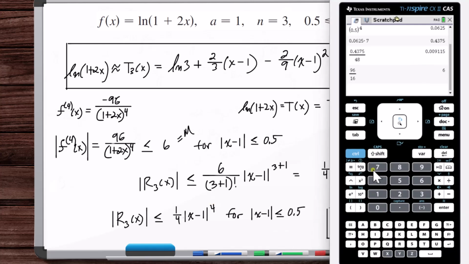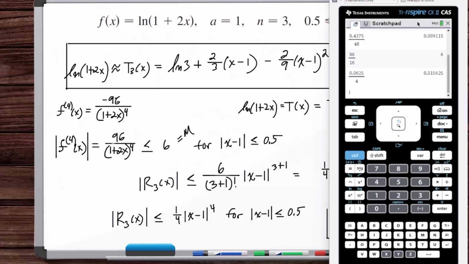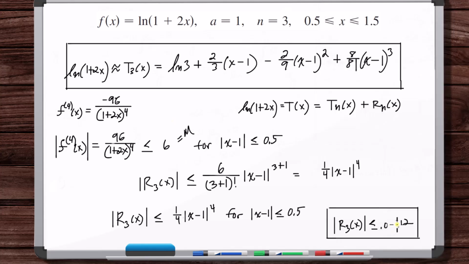Okay, now 0.5 to the 4th is this, and then divided by 4, so 0.0156. There we go.